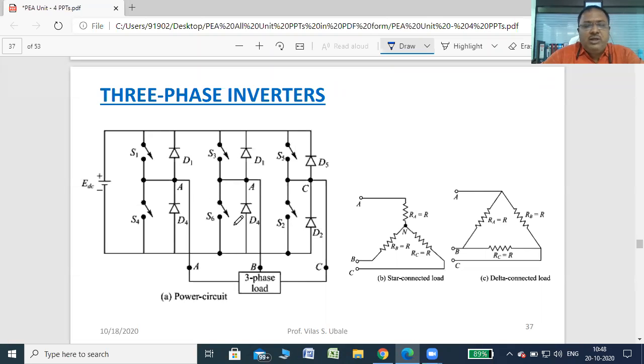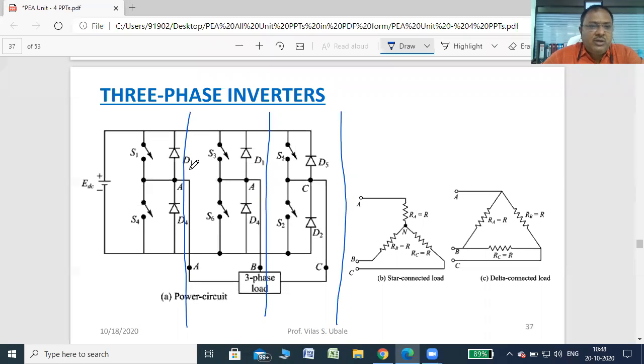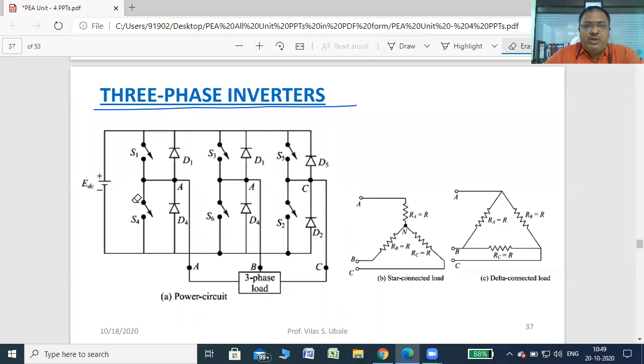So this is about the circuit diagram. You can see here this first part is nothing but one half bridge inverter. The second part is the second half bridge inverter, and this is the third half bridge inverter. As we know, in a half bridge inverter there will be S1, S2 only, and two diodes. So the three phase inverter is nothing but the combination of three half bridge inverters.